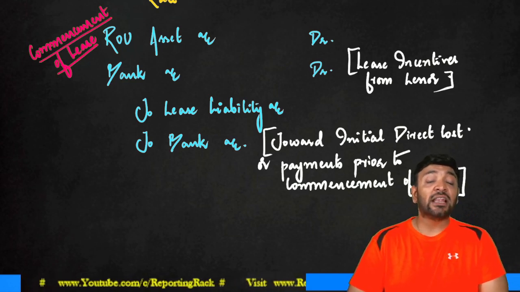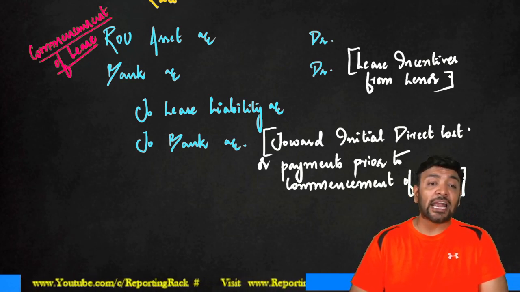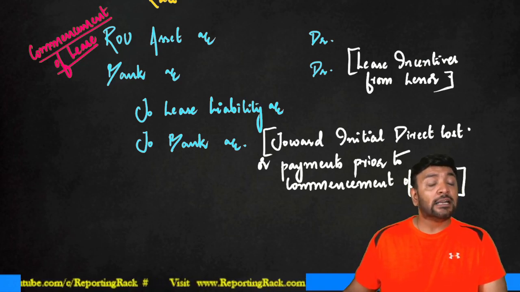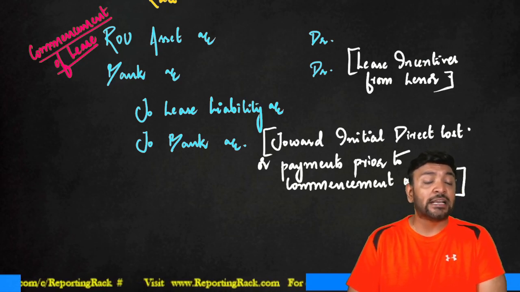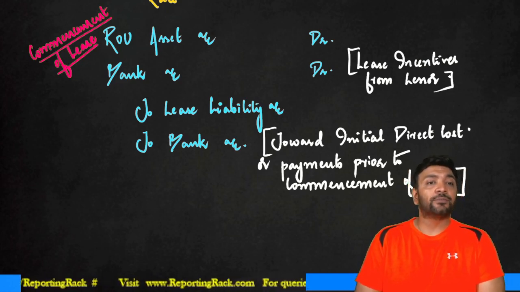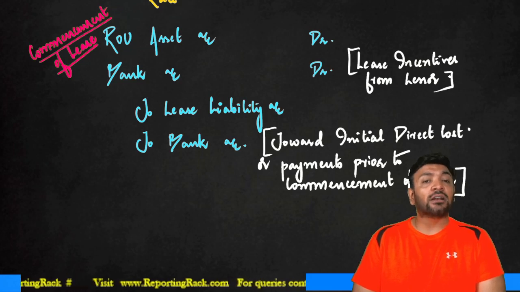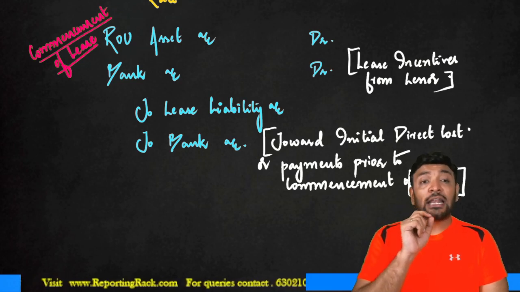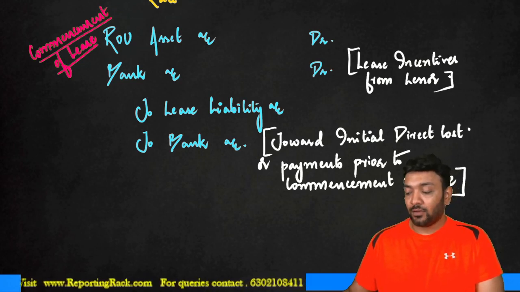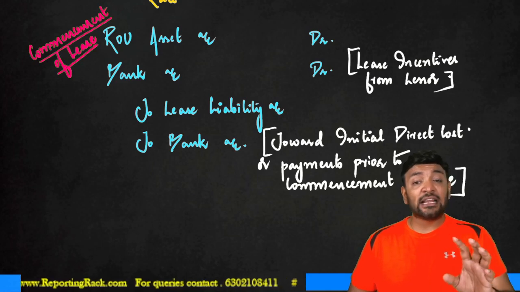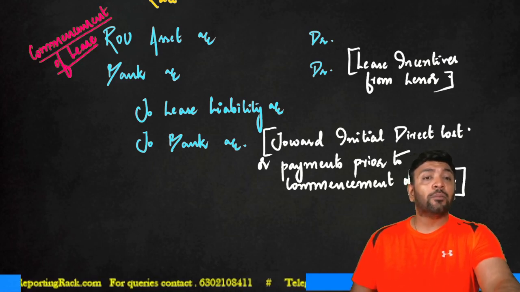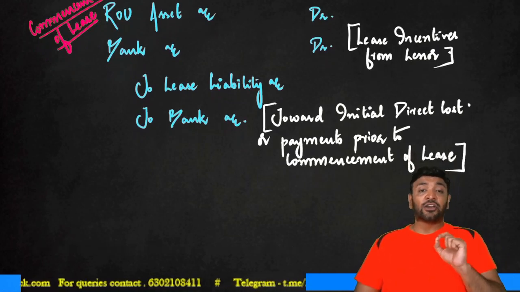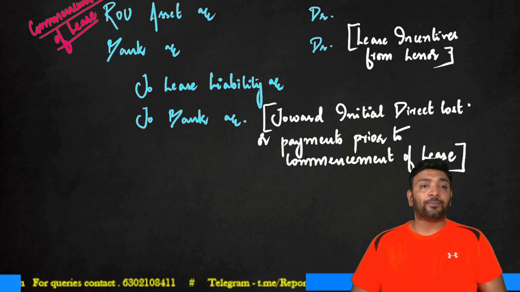Yesterday we discussed in the previous session the difference between inception of lease and commencement of lease. So the entry should be recognized in your books of accounts only on the commencement of lease and not on the date of inception of lease. We have seen a lot of places where the inception of lease also is used, but here it is commencement of lease, the date on which we start recognizing this particular entry in the books of lessee.